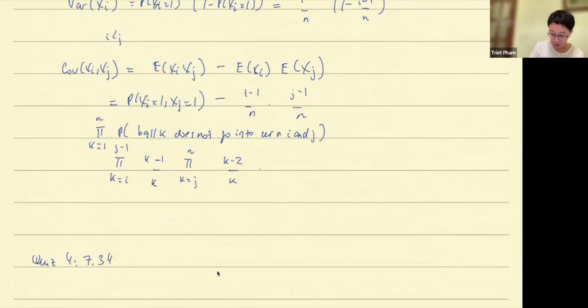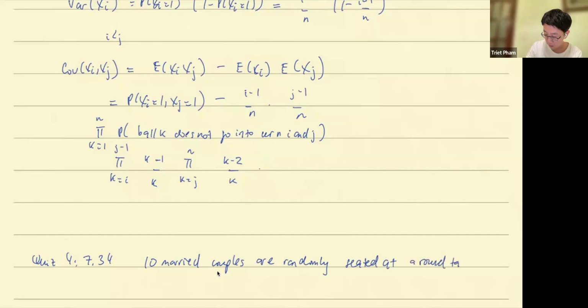is 34, right? 10 married couples are randomly seated at a round table. So that's easily missed, right? If you just read the question, it's a circle, right? At a circle.